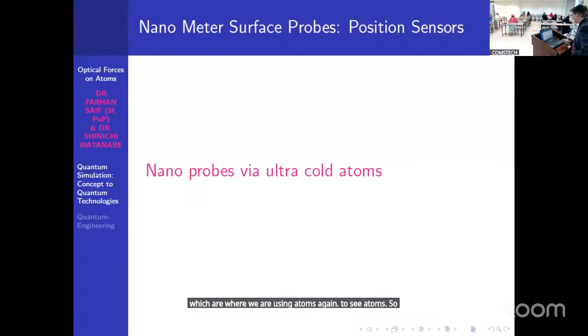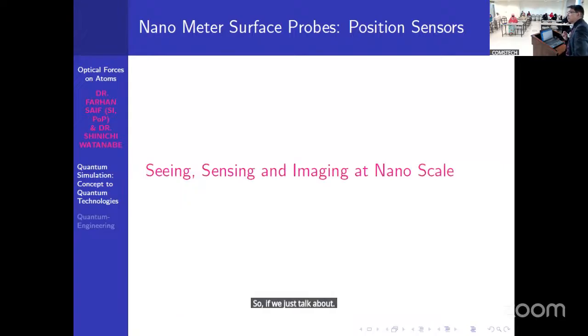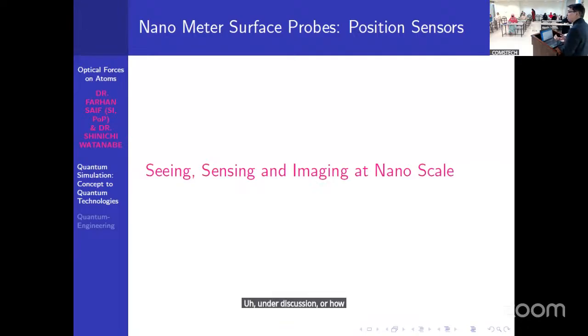So which kind of microscopes do we have in mind? If we just talk about position sensors or microscopes, the question is how we can see a sample surface or a sample object under discussion, or how we can sense or image it.